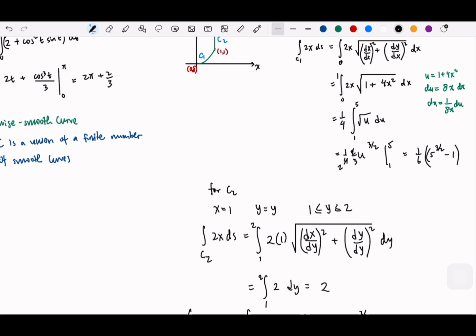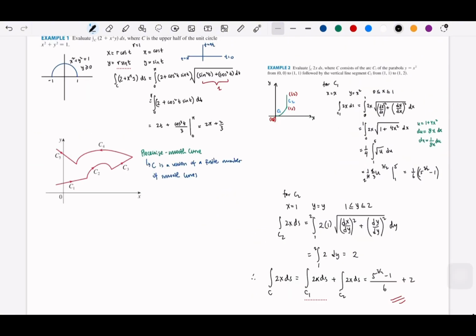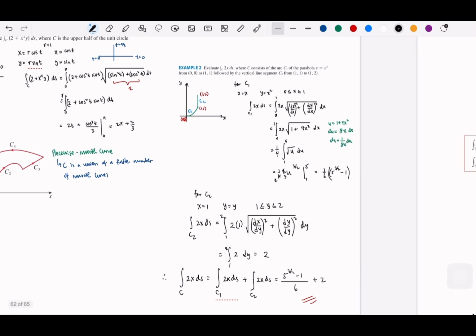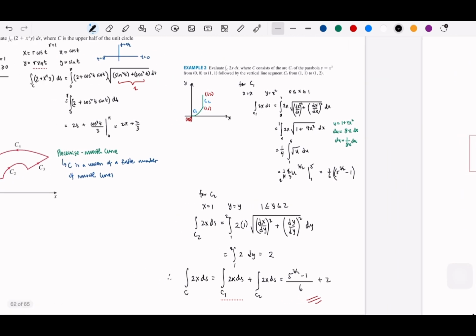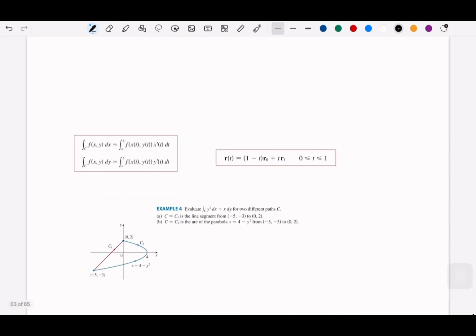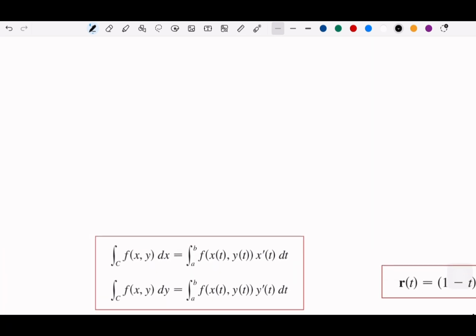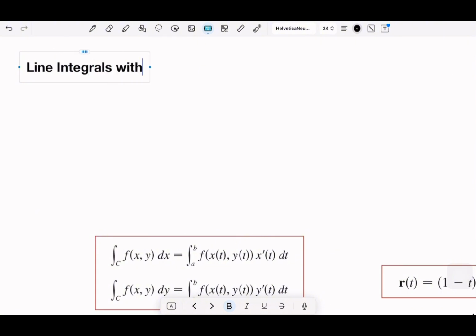Okay, let's take a break for a while. Okay, so let's continue a little bit. So basically, we can have the line integrals. Let me write here, line integrals with respect to x or y.